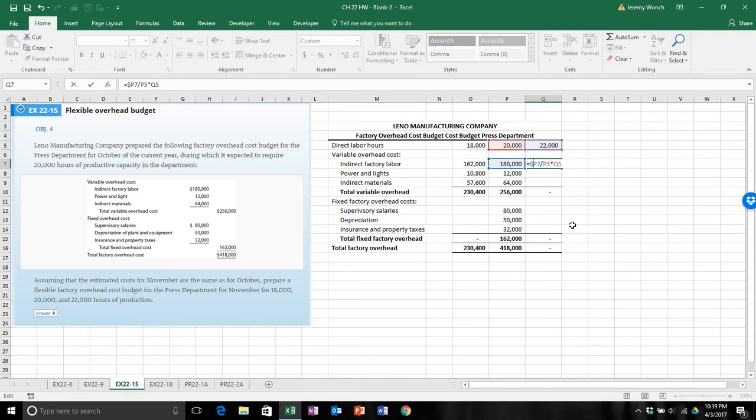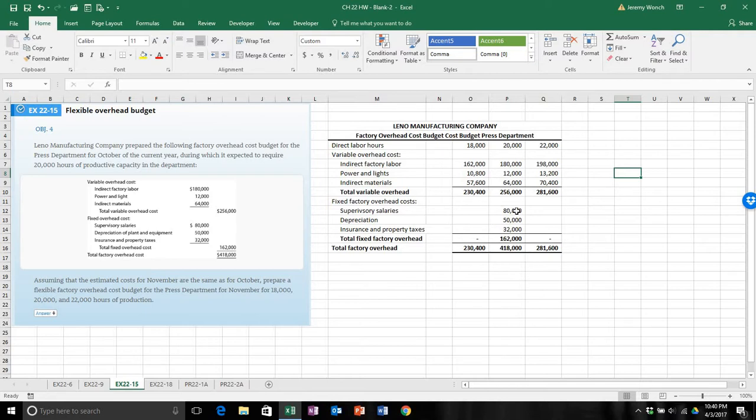We lock down the column here, lock down our denominator, and keep our row for the direct labor hours. Now we've adjusted our variable costs based on how many direct labor hours we plan on using.